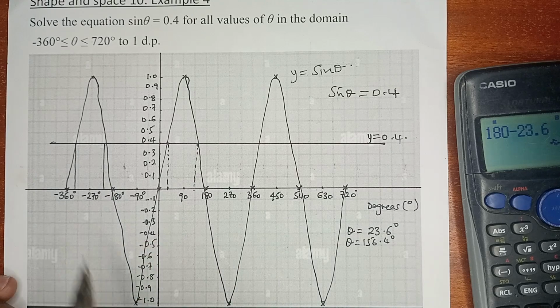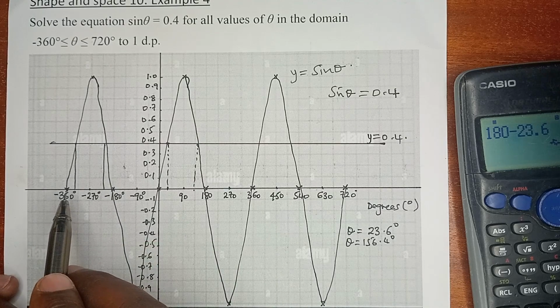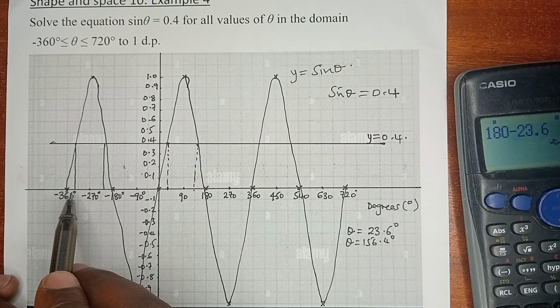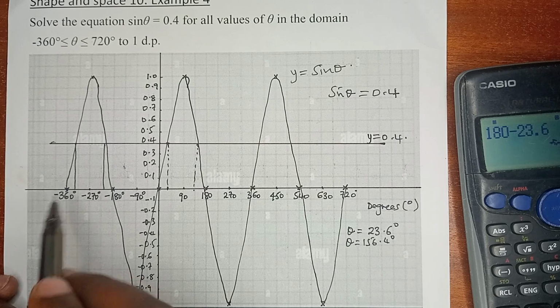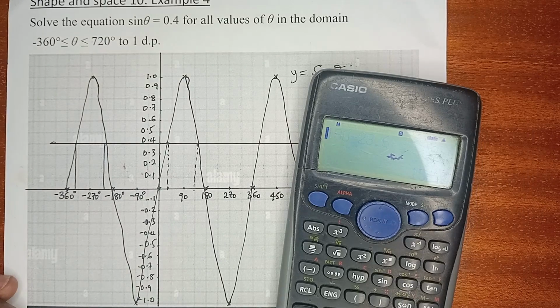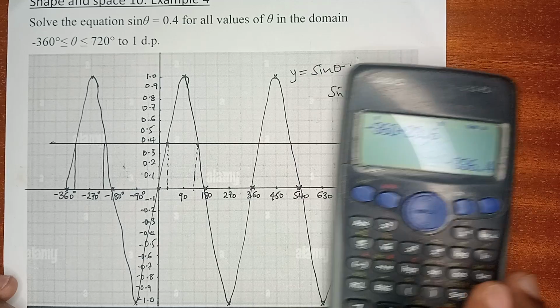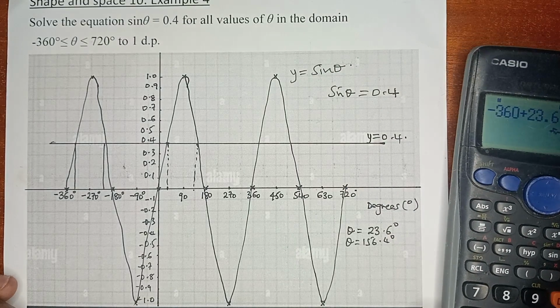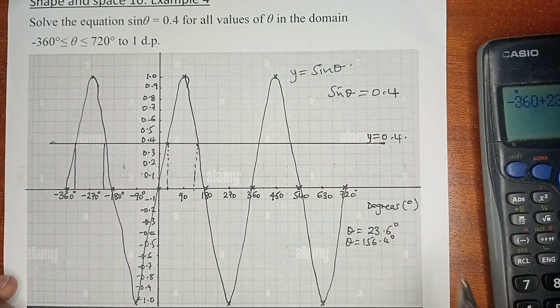Let us now talk of this angle. Due to symmetry, this is 23.6 degrees away from negative 360 and to the right. That means minus 360 plus 23.6 degrees, which is negative 336.4 degrees. Theta can also be negative 336.4 degrees.